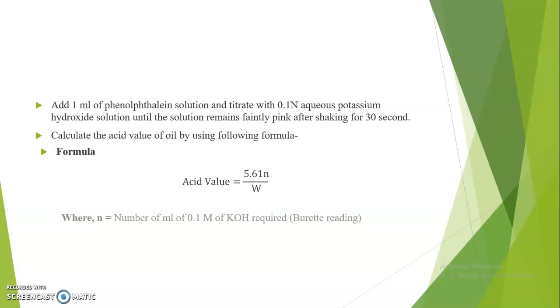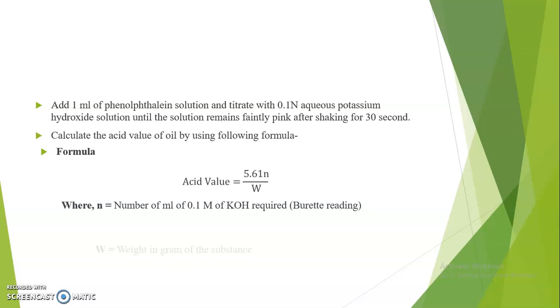Sometimes this formula, that is the acid value, can be calculated by using the formula: ml of KOH into normality into 56 divided by weight of sample, which gives us an idea about the milligrams of KOH that is required to carry out the determination of the acid value.